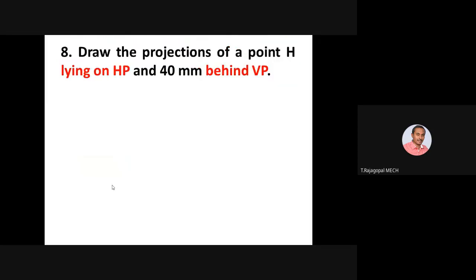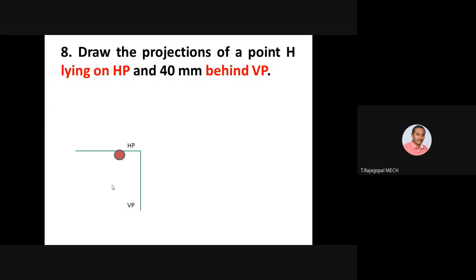Draw the projection of a point H lying on HP and 40 mm behind VP. So lying on HP but behind VP. Already they told you clearly that it is behind VP. So 40 mm behind VP, you have two options, second and third.